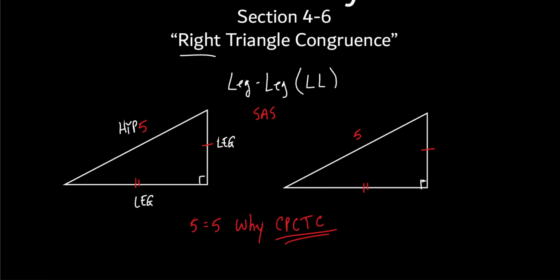I'm curious. Hypotenuse, plural. I think it's hypotenuses. Yeah, it is. That's a weird word, isn't it? Anyway, so the hypotenuses would be equal to each other. Why? Because they're corresponding parts. Corresponding parts of congruent triangles are congruent.